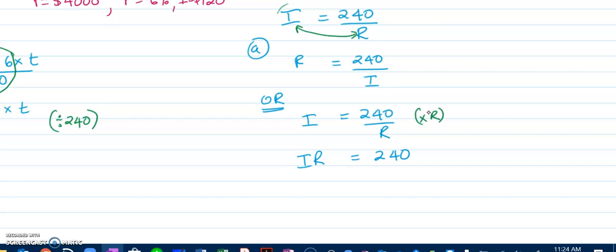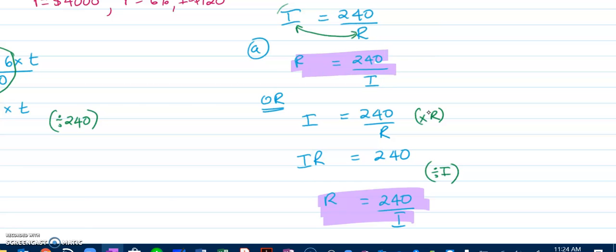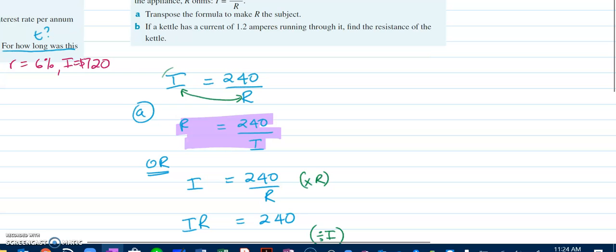Now, because we have to make R the subject, we don't want the I and R multiplied by each other. To get rid of the I, we do the opposite, which is divide by I, and that gives me R is equal to 240 divided by I, which, if we have a look, is the same thing.